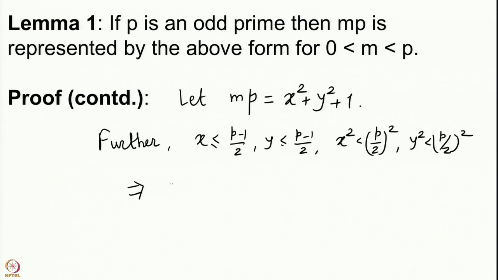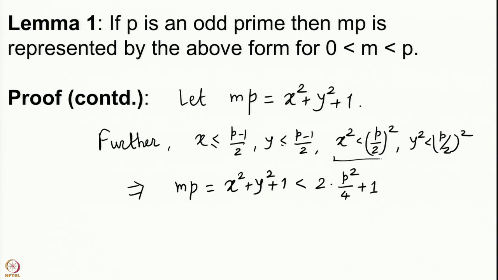So, mp, which is x square plus y square plus 1, is less than 2 times p square by 4 plus 1, because x square is less than p square by 4 and y square is less than p square by 4.